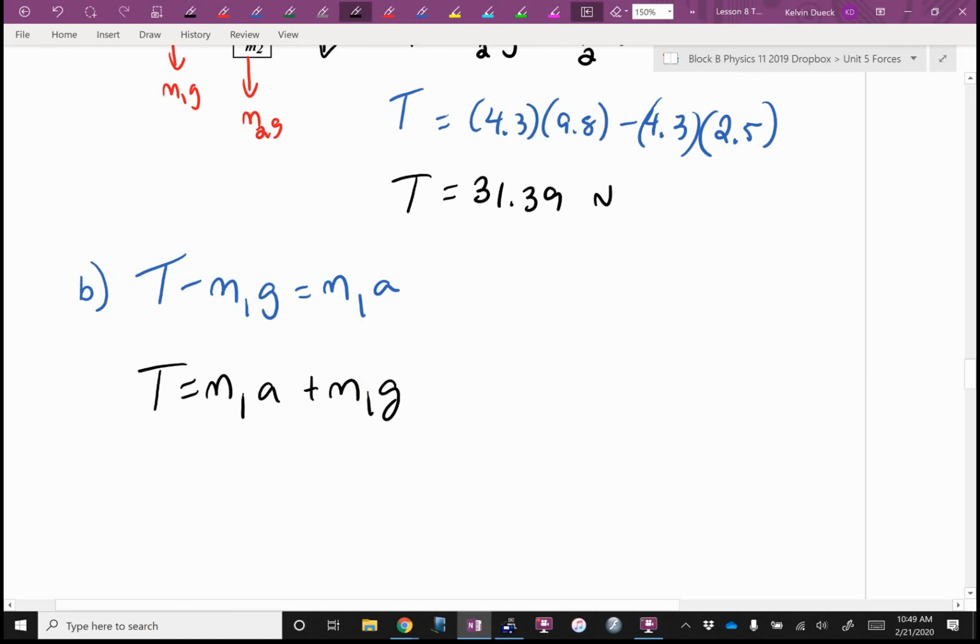Is that okay? Gabe, how many M1s do I have? 2. How many would I prefer? 1. Who remembers what was the lovely grade 9 math trick that I could pull out of my back pocket and change this from 2 into 1? GCF. I can factor the M1 out, and what will I have in the brackets?